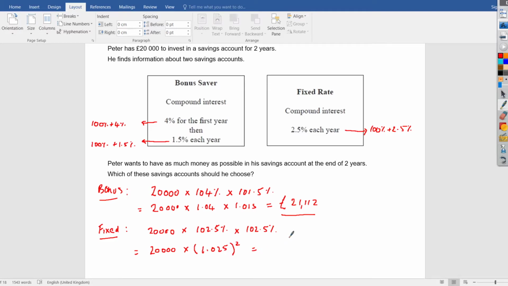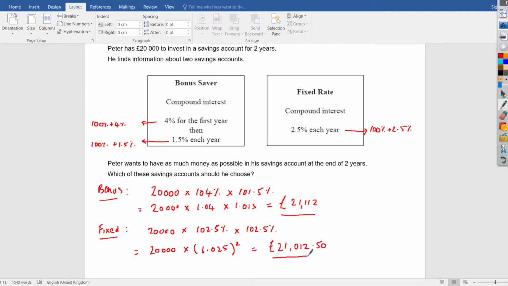Okay, so if we put in the calculator 20,000 multiplied by open bracket 1.025 close bracket, put the square outside, press equals, and with the fixed amount Peter will have in his account by the end of the 2 years £21,012.50.